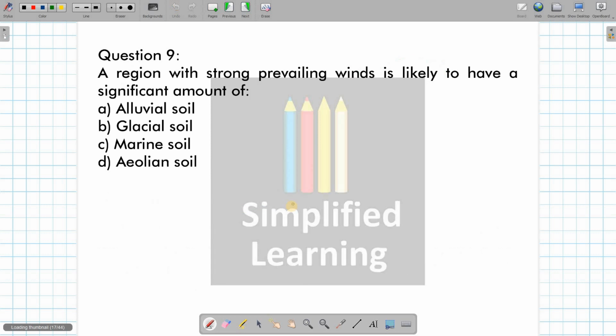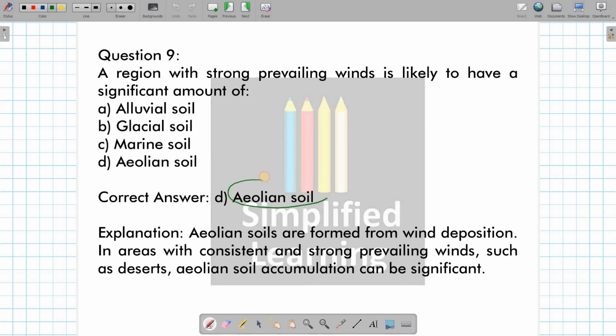Okay. Then question 9. A region with strong prevailing wind. See, whenever we are talking about soil formation because of wind, soil formation because of flowing air, which is wind, then a region with strong prevailing wind is likely to have significant amount of what? Aeolian soil.